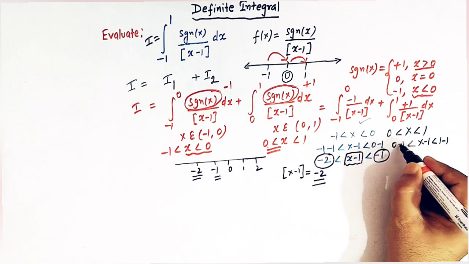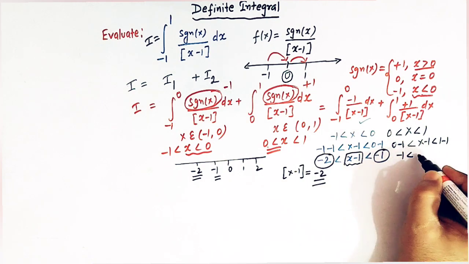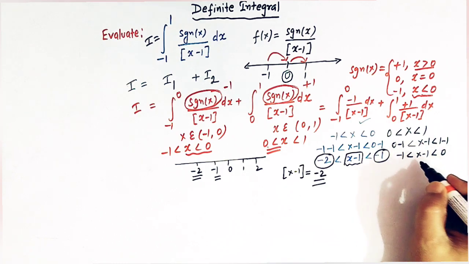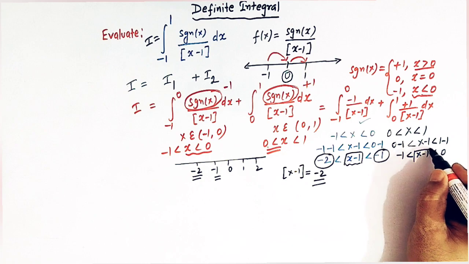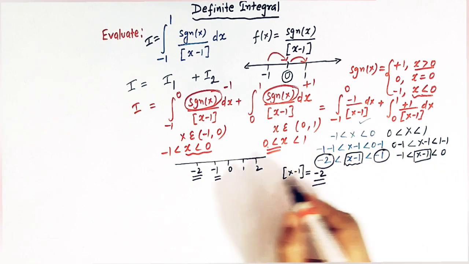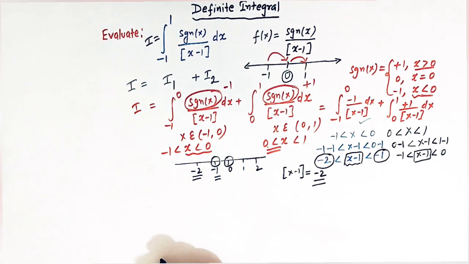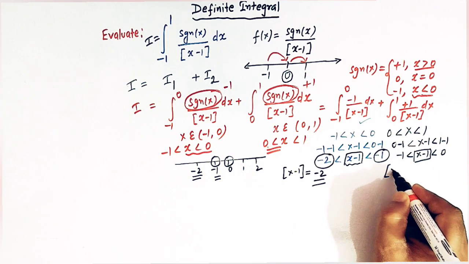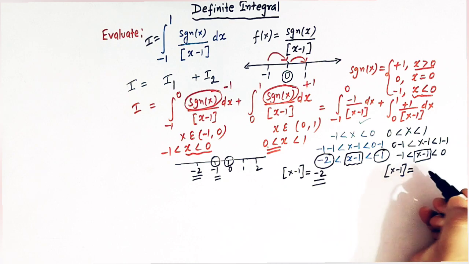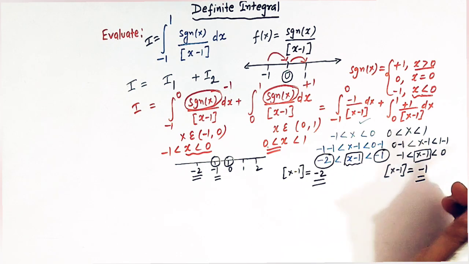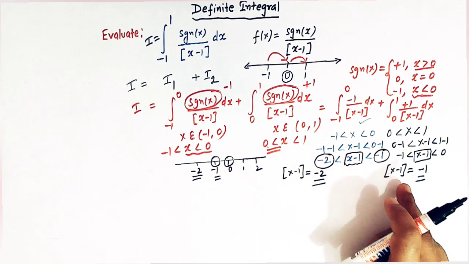So 0 minus 1 is minus 1, here we have x minus 1, and here we have 0. So we see that now x minus 1 lies between minus 1 and 0. So the greatest integer of x minus 1 should be equal to minus 1, right? So this is an important concept here.